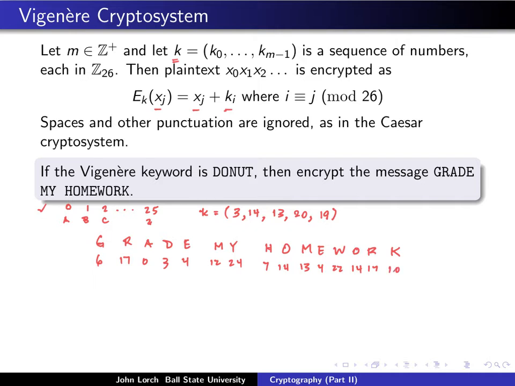This is the plain text message, P for plain text, translated to numbers.